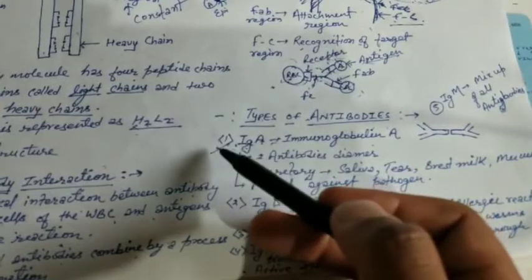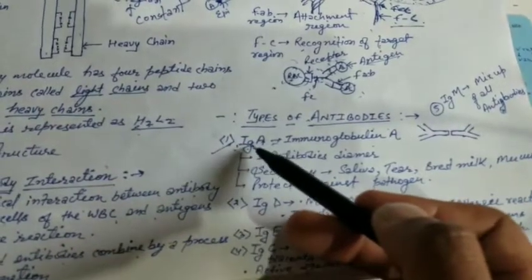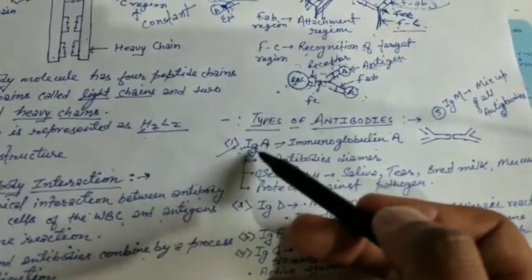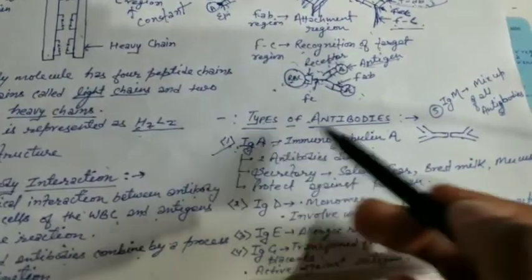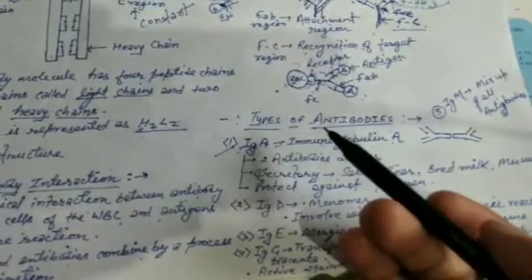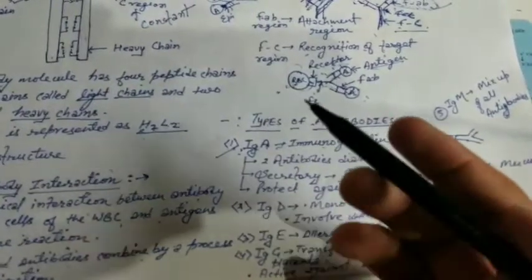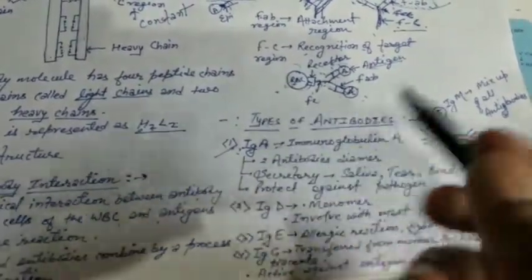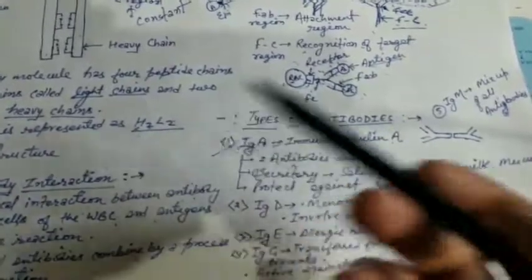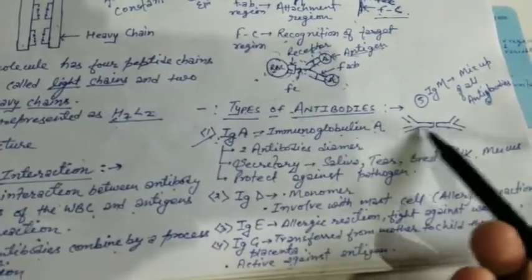The first antibody, known as the IgA antibody, is usually a dimer. It means it is formed of two antibody molecules bound together.